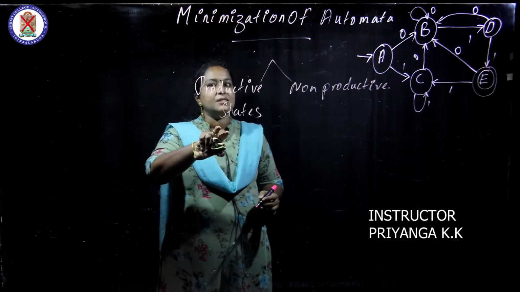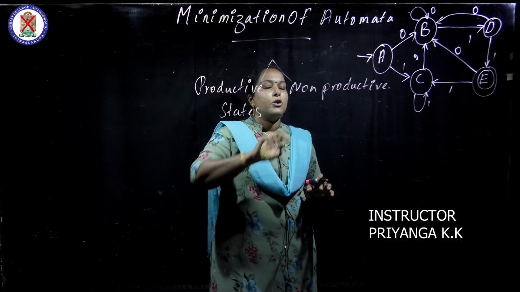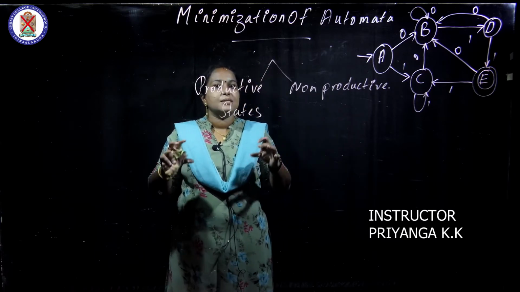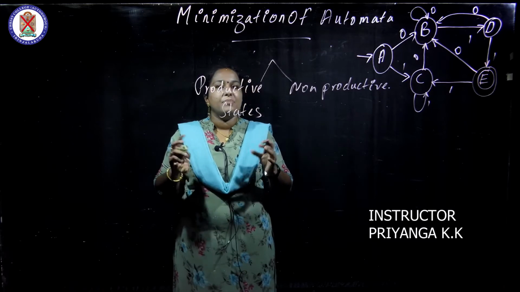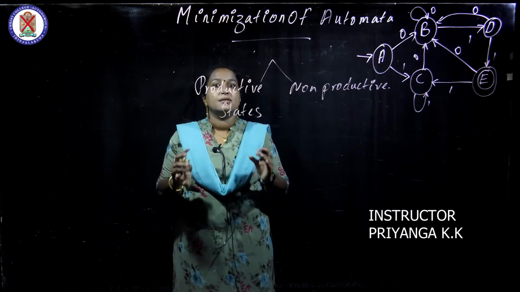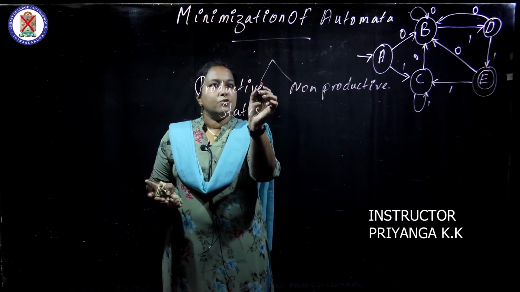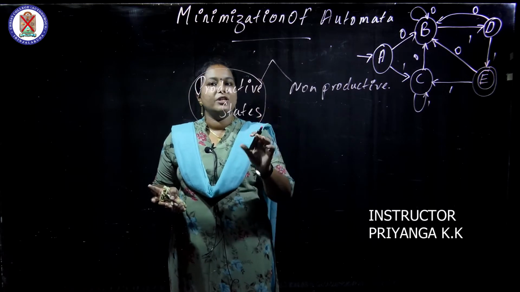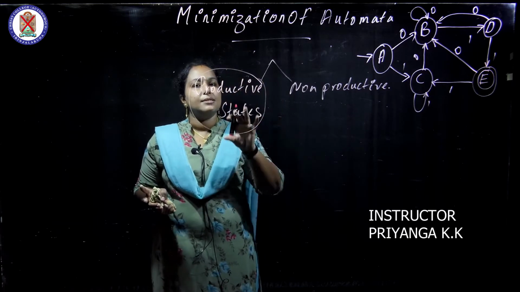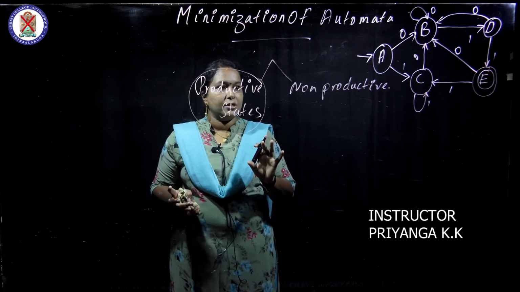Productive states are the essential states. Non-productive means its occurrence can be bypassed, or its existence is not a problem, that is called a non-productive state. Productive states are those whose occurrence is essential, a necessary condition.